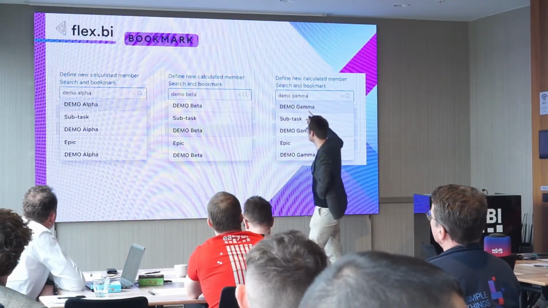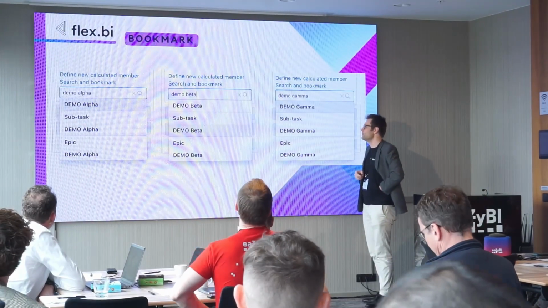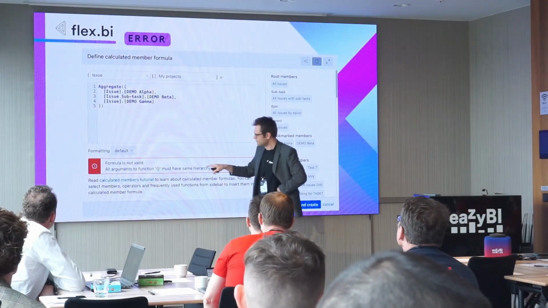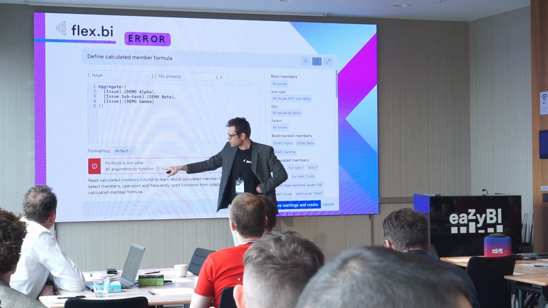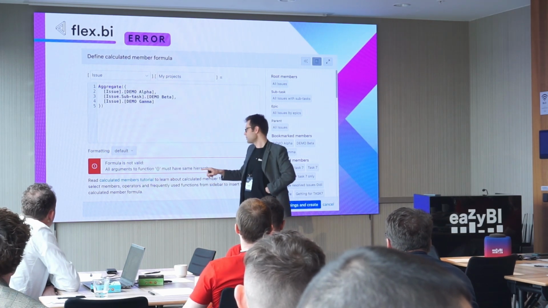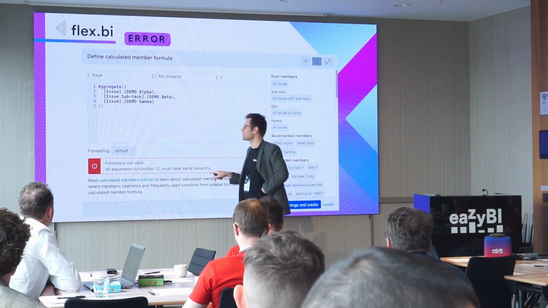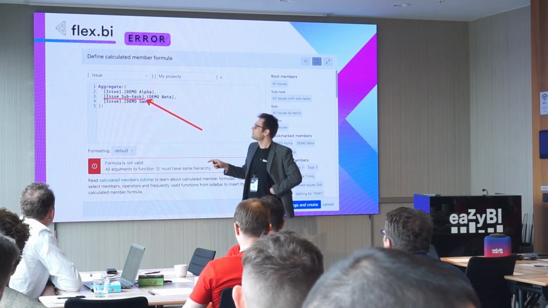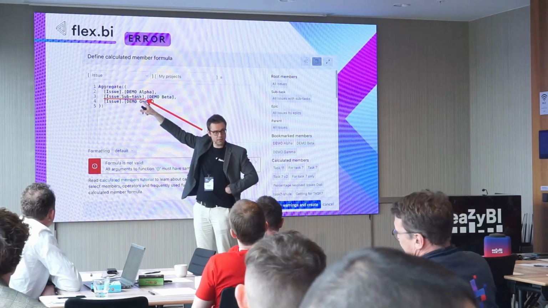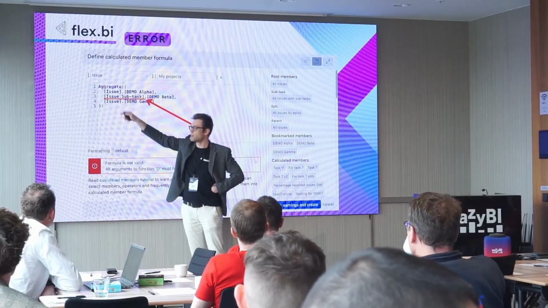And then this one we did correctly as well. So what this error is telling us is that for making a set, we must have members from the same hierarchy, right? And as you can see, this one is from the subtask hierarchy, and these two are from the default one.